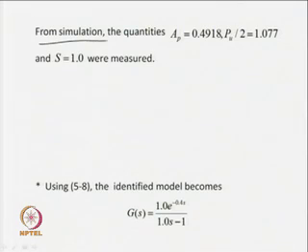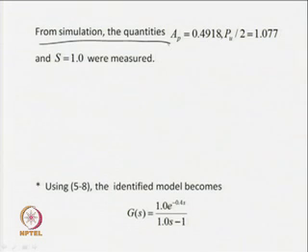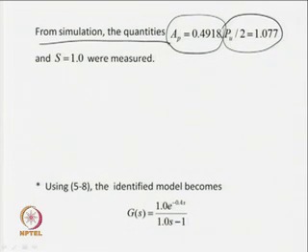From the simulation with relay testing, with the relay setting of plus minus 1, a peak amplitude of 0.4918 is obtained. Half period of the output signal is found to be 1.077 and S is equal to 1.